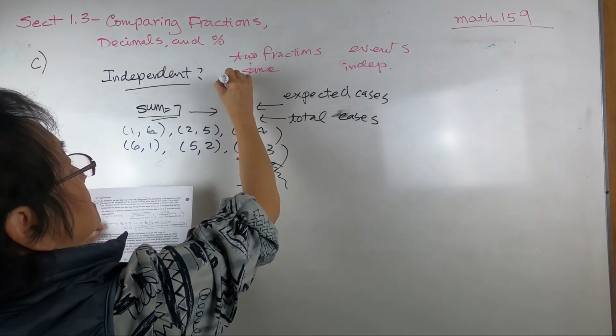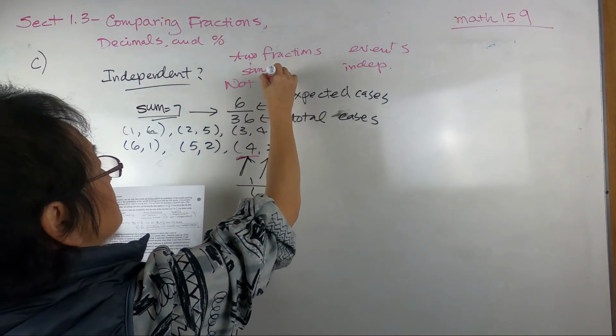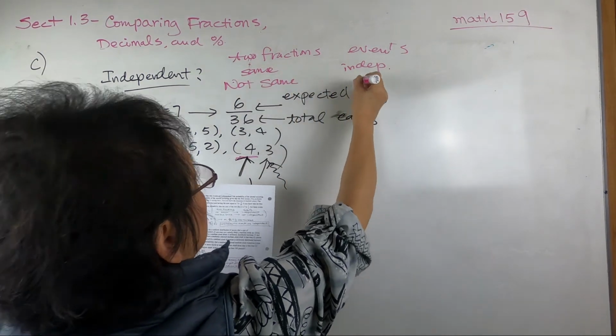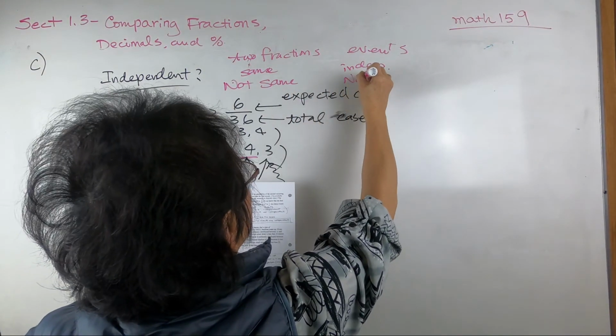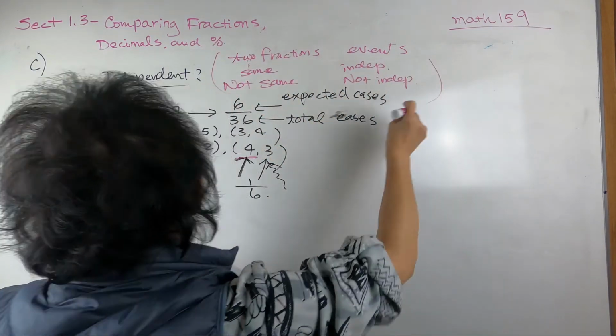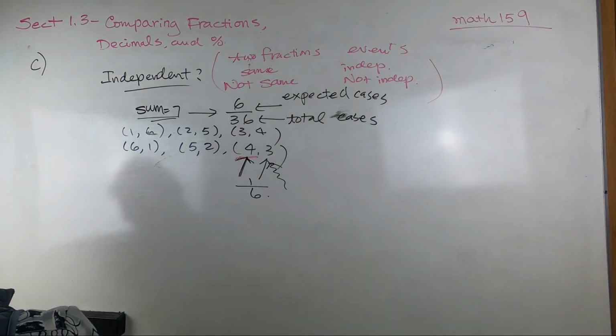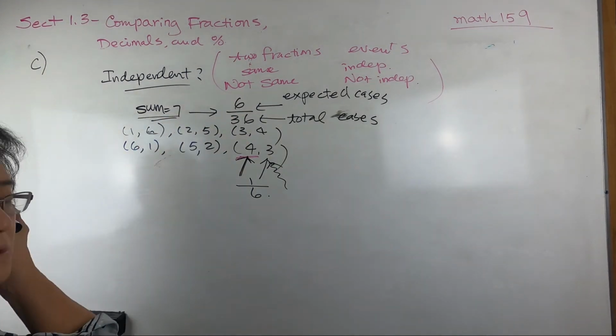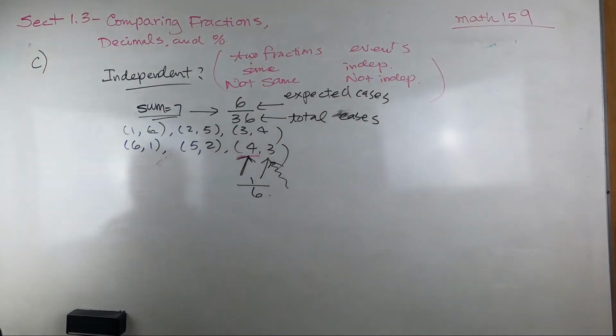If the two fractions are not the same, then they are not independent. You will learn the independence idea in your stats class. For now, we just introduce the terms. This one will not be on your test.